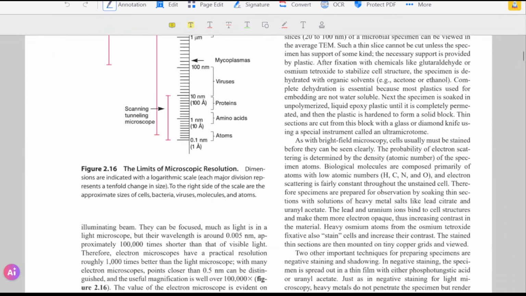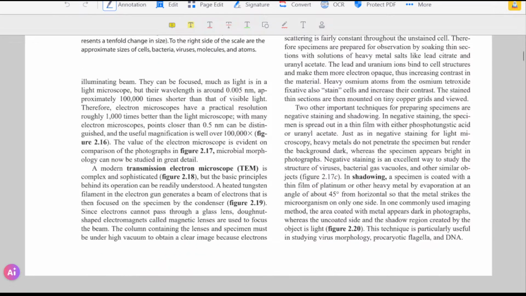Electrons replace light. They can be focused much like light in a light microscope, but their wavelength is around 0.005 nanometer, approximately 100,000 times shorter than that of visible light, because visible light is around 380 nanometers, I guess, while this is 0.005. Look at these zeros after the decimal point.